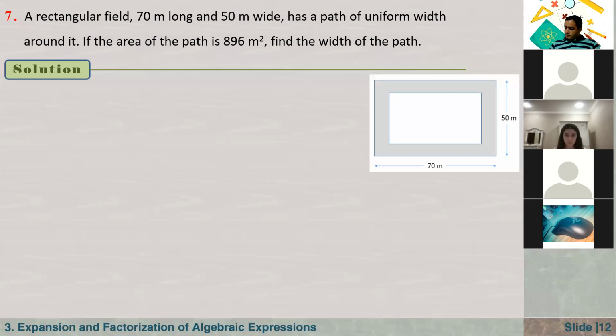Oh, I have a mistake. 1 minute left. Mister, I need help.